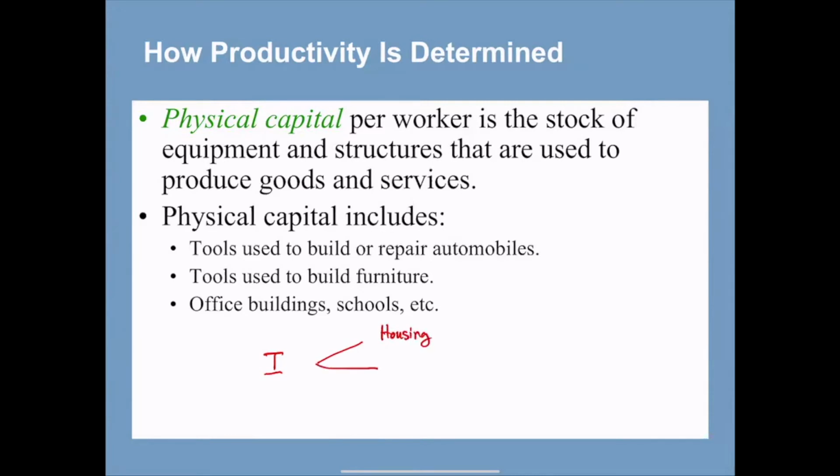The second one is about equipment, machines, and probably the factory, the building, and others. And the last one is about inventory. Okay? So for long run economic growth, I think the key point is physical capital, the capital formation.